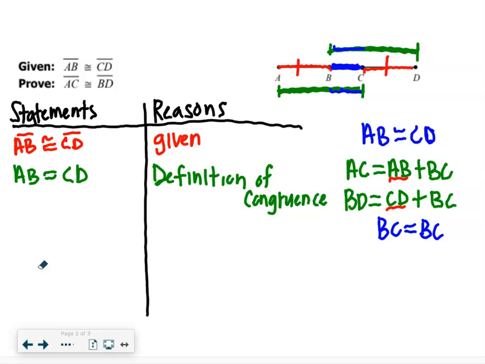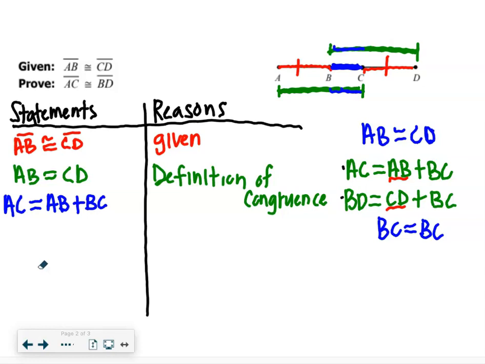Okay, so now I think it makes the most sense to say what our segments are made up of. I want to show that those two things are the same, so I can set them equal to each other. So we're going to tell everyone what makes up AC. Well, we know AC is made up of AB plus BC.